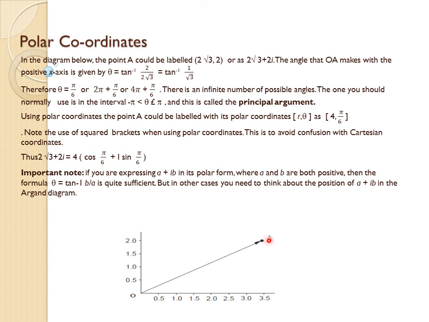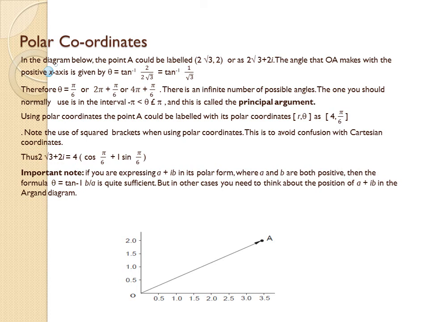So I can put it over here. The point A could be labeled 2 root 3 comma 2. So if the point is 2 root 3 comma 2 as per the diagram, it means 2 root 3 plus 2i.